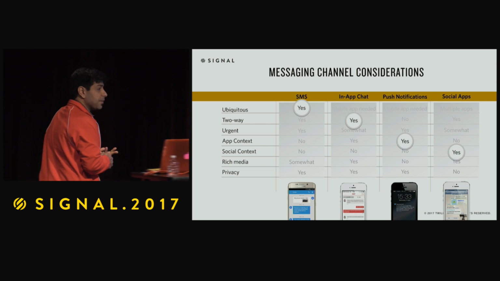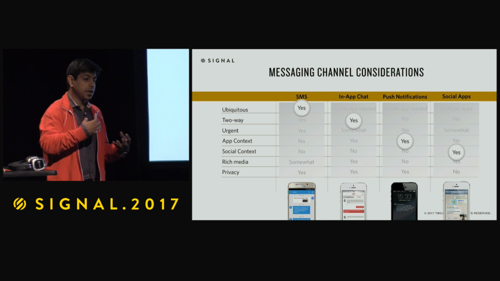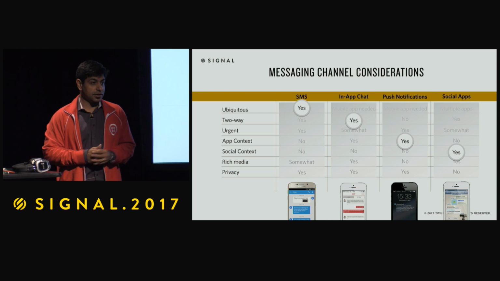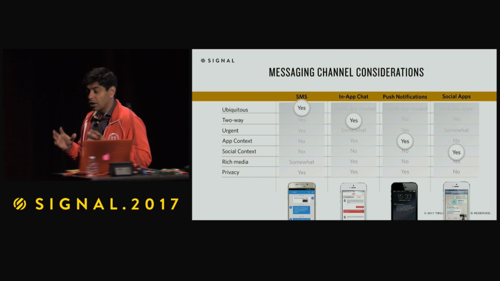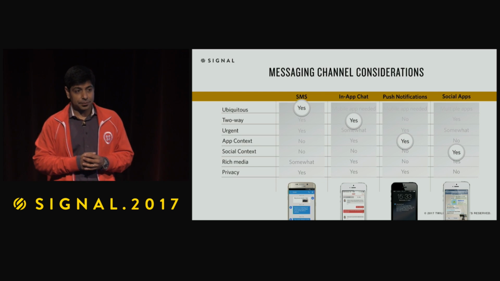Or if it's a one-way message only and you want it to be a part of an app experience where you're going to direct people to something else inside an app, maybe push notification is a better option in that particular case. Or if the message that you're trying to send makes a lot more sense from a social context point of view, use social messaging apps.